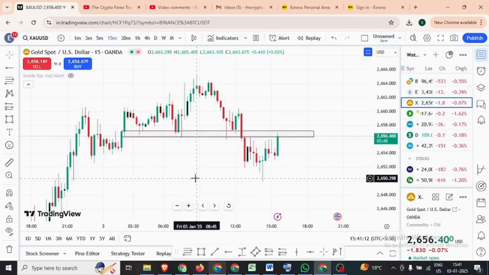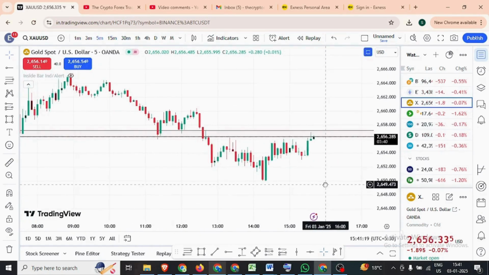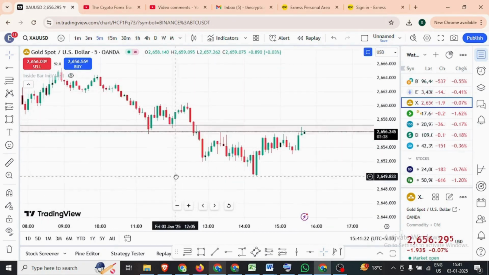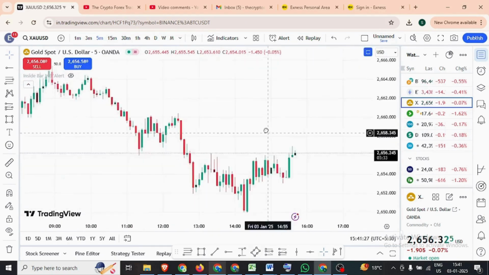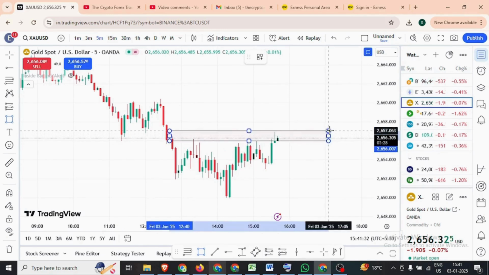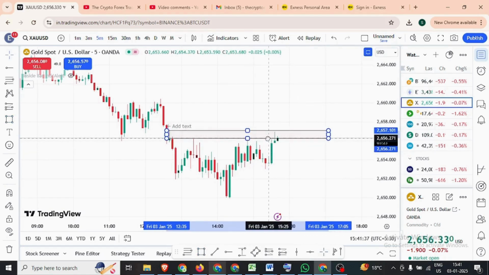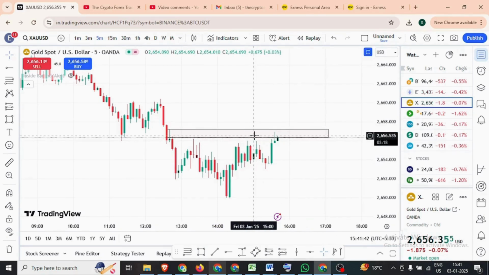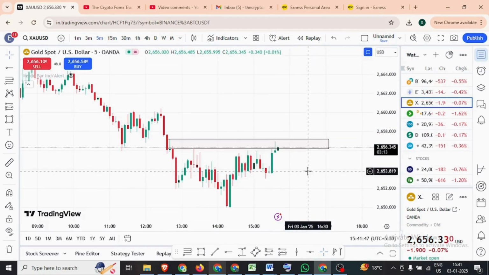Let's see gold. Okay, here there's a little bit of consolidation at this level, and you can look for an upside trade with a small target, right?